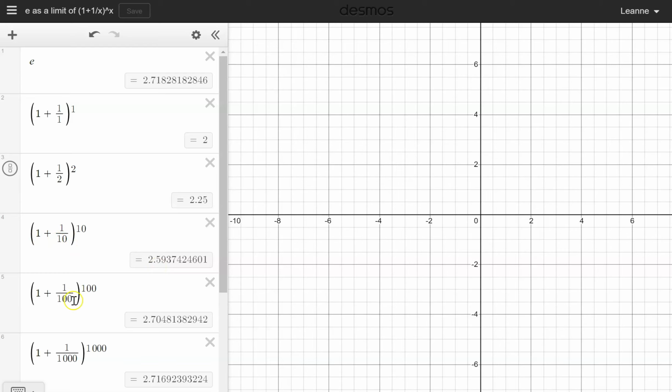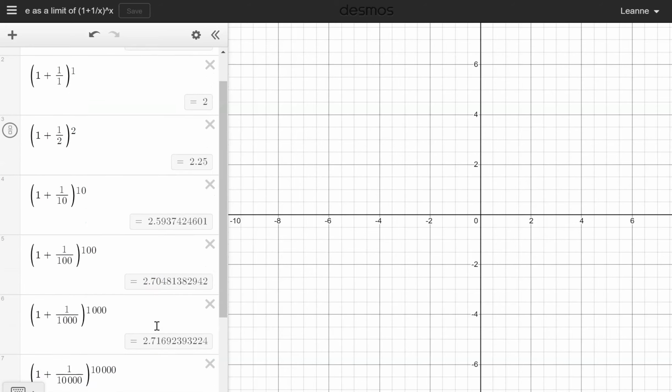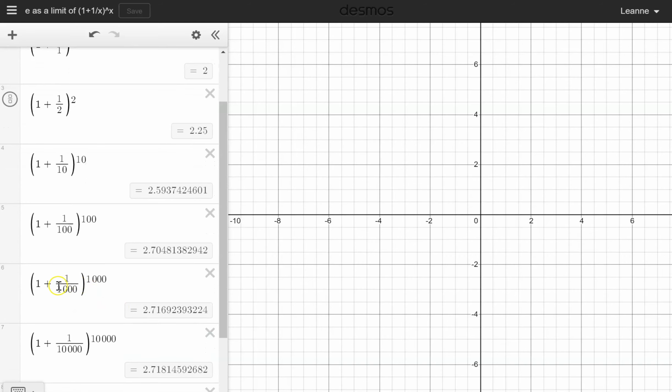Okay, I have it jump to 100, so that's quite a distance away from 10. Still a relatively small value when you think about letting it go all the way to infinity, but already I got that decimal place of 7, right? It's really starting to approach that value that we assign e to represent, 2.7. When I let n jump to 1,000, so now I have 1 plus 1 over 1,000 to the power of 1,000, now I'm getting the first 2 decimal places, 2.71.